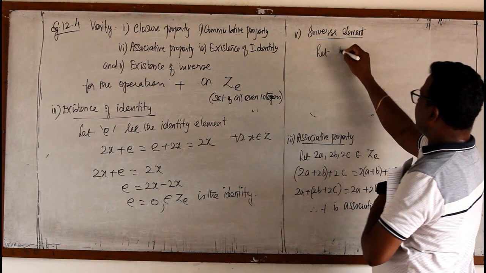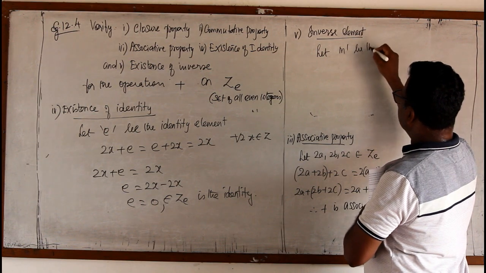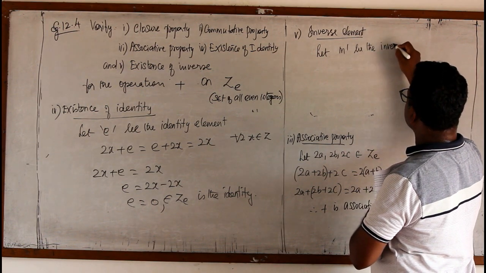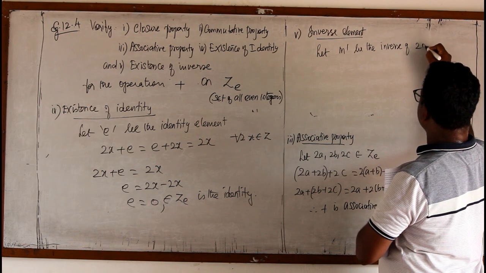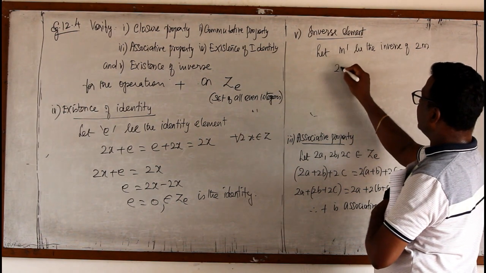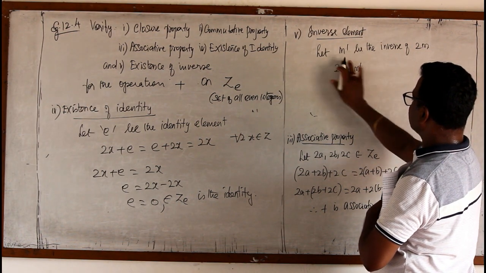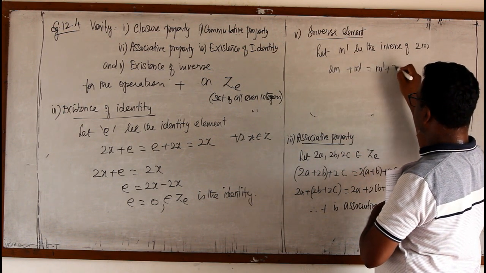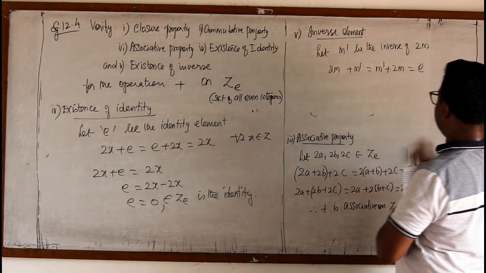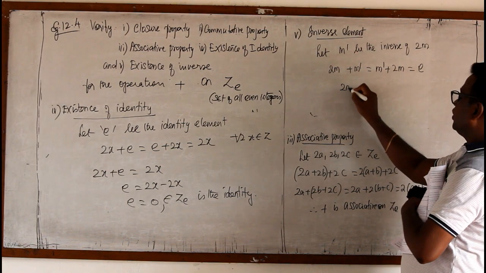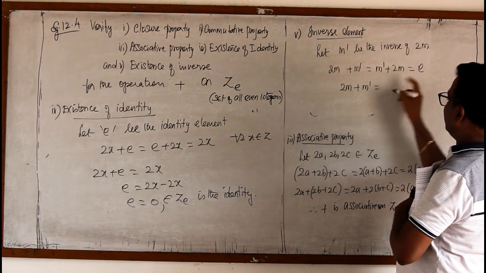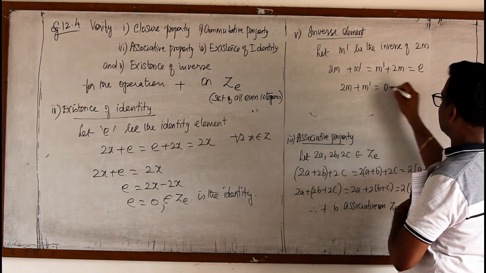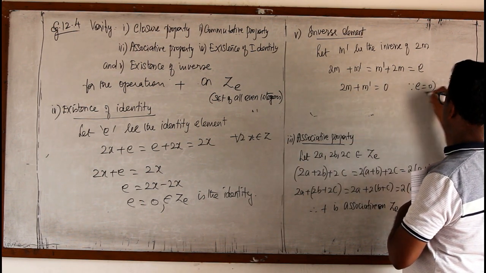That is, let m dash be the inverse of 2m. That is 2m plus m dash, or m dash plus 2m, the answer is E. If I take 2m plus m dash, we know the identity element is 0 since E equal to 0.